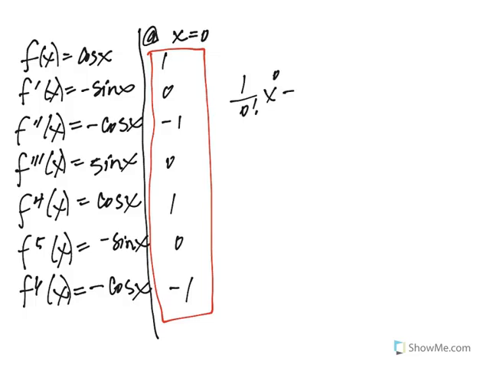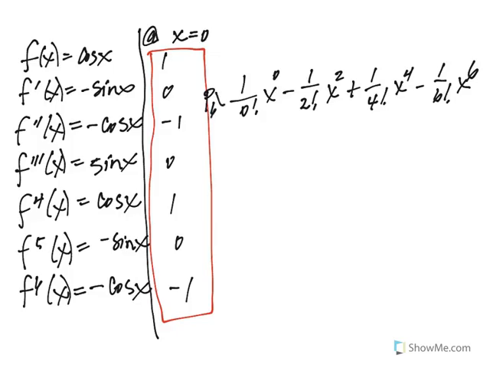The next one is 0, so this is minus 1 all over 2 factorial x squared. That's going to be plus 1 over 4 factorial x to the 4th, and then minus 1 over 6 factorial x to the 6th. So this is p sub 6 of x.